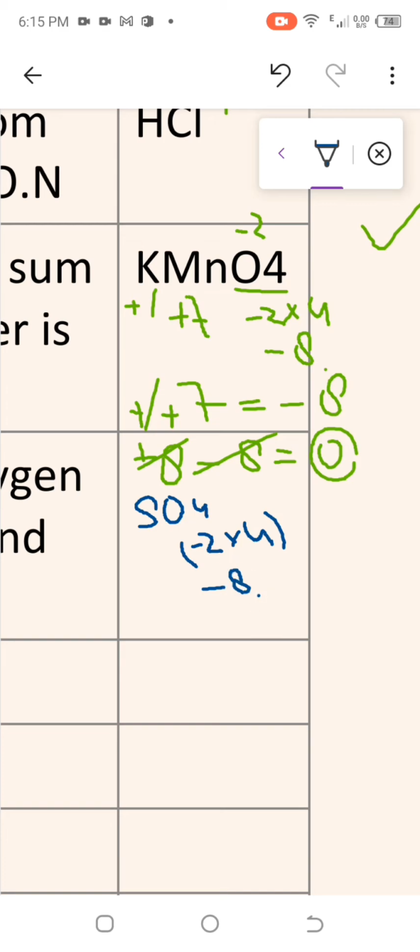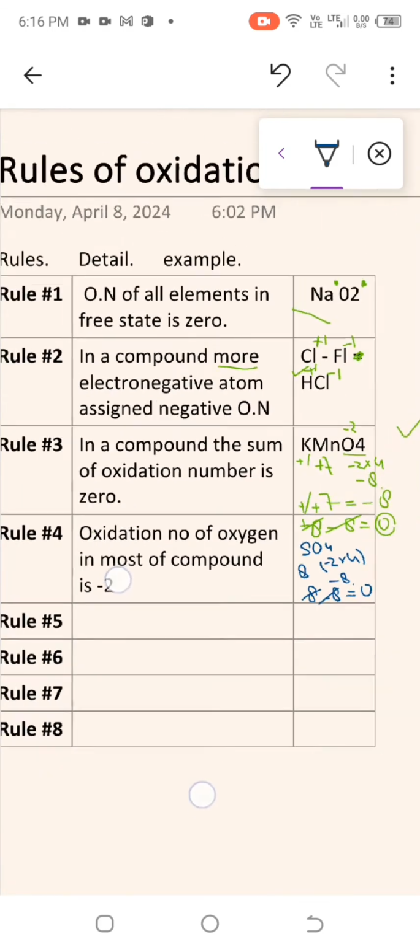And for the sulfur, the oxidation number is +8. So 8 minus 8 is equal to 0, because plus and minus cancel. Okay, so this is clear.